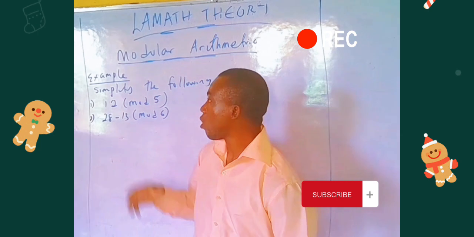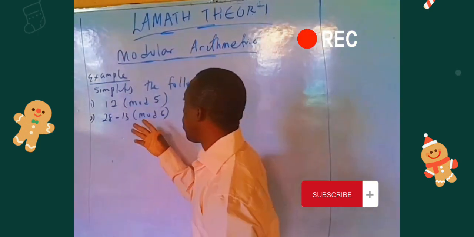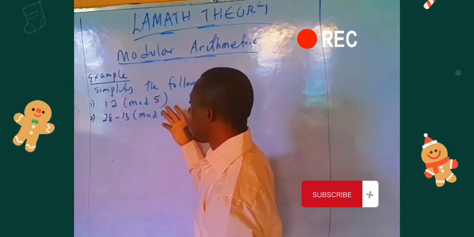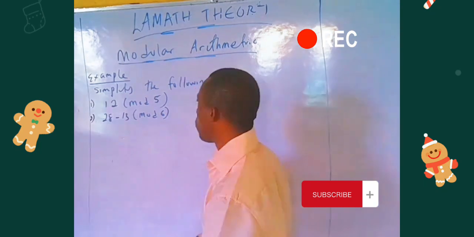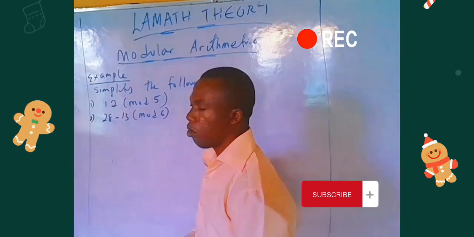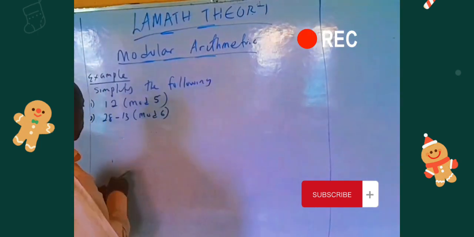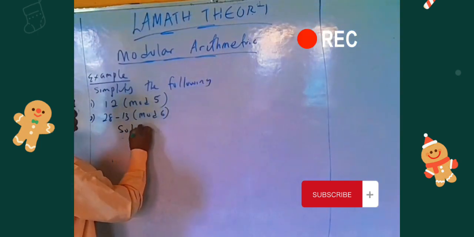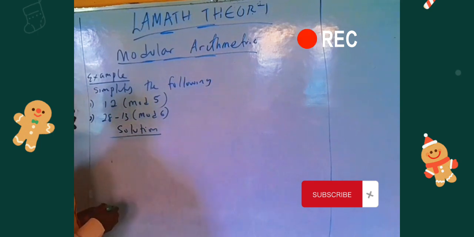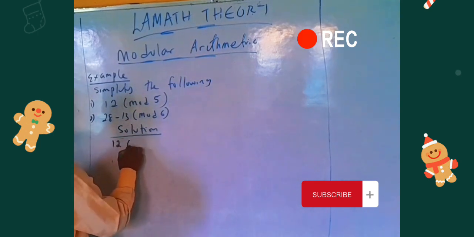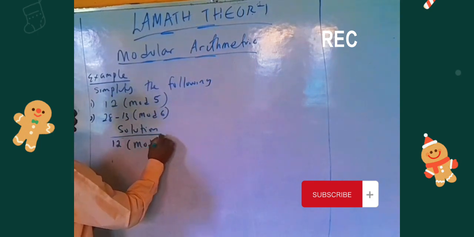So today we are going to start by focusing on: simplify the following. We have 12 modulo 5.